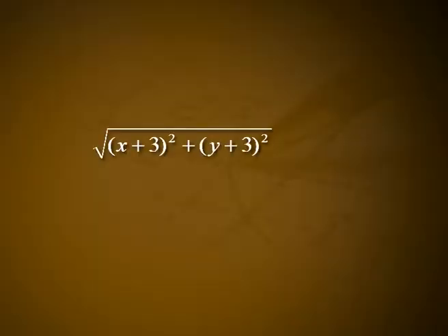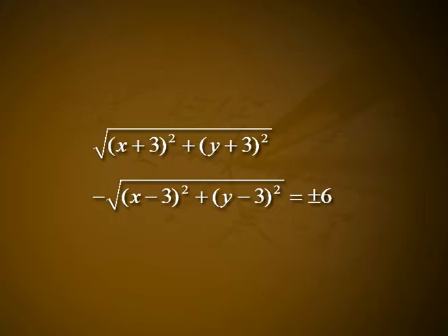Then the equation |PF1 - PF2| = 2a becomes |PF1 - PF2| = 2 × 3 = 6, and √((x+3)² + (y+3)²) - √((x-3)² + (y-3)²) = ±6.